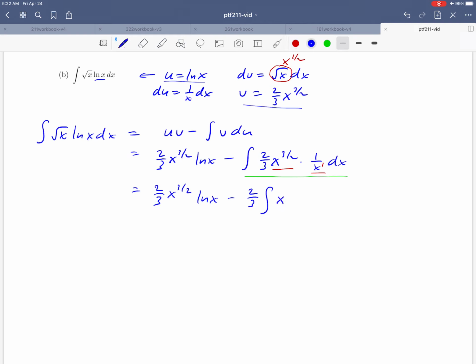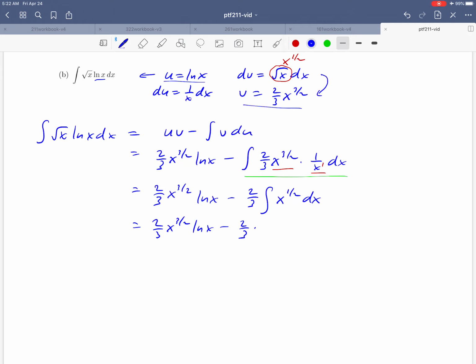That's what we really have inside this integral after we simplify that. Okay, almost there. Now we just need to integrate x to the 1/2, and we actually did this calculation a minute ago when we went from dv to v.